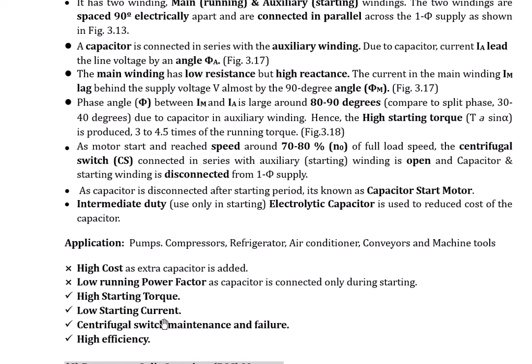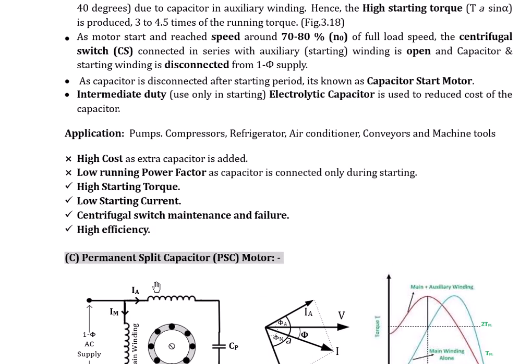High cost, as an extra capacitor is needed. This is a disadvantage, but it is not a genuine disadvantage. The cost is just more, but we have many advantages over this cost.